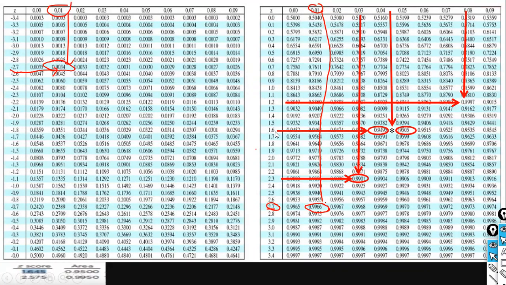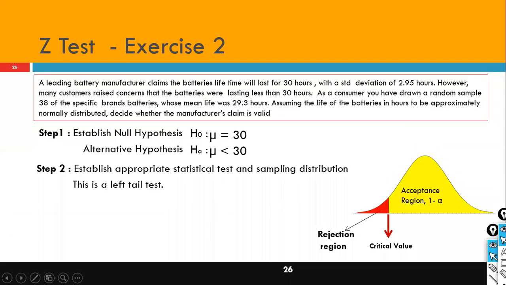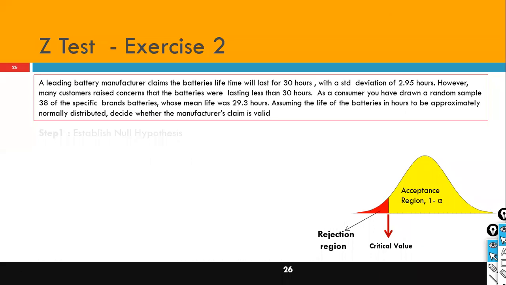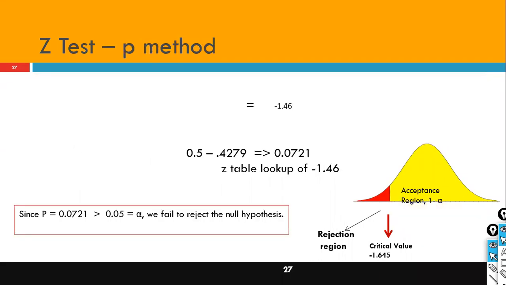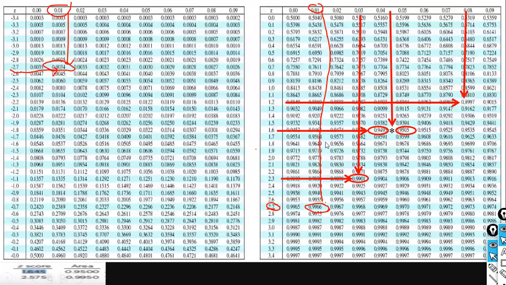So if you add 1.6 plus 0.045, you will get 1.645. Horizontally and vertically, you need to see where it intersects. Obviously, 0.95 should be somewhere between these two values. The star marks it here.